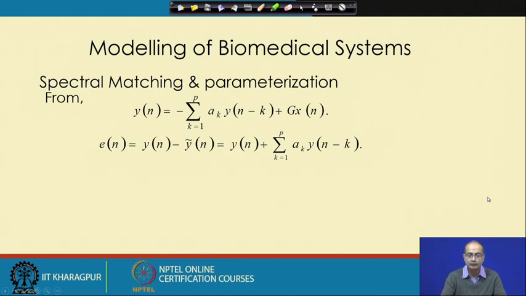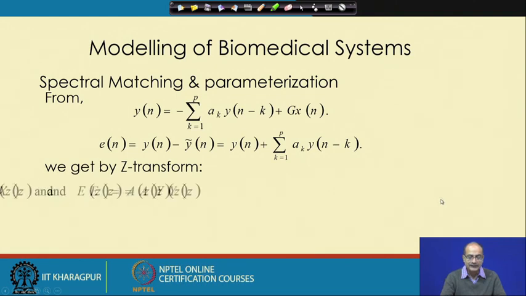So, given the signal y, we are trying to do the linear prediction, given that for the time being we have assumed that we know the model order, and one way to ensure that is to take a sufficiently large model order. So, we can compute the prediction y tilde[n], and we can compute the prediction error.